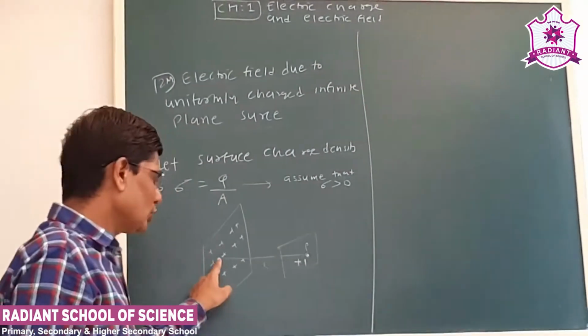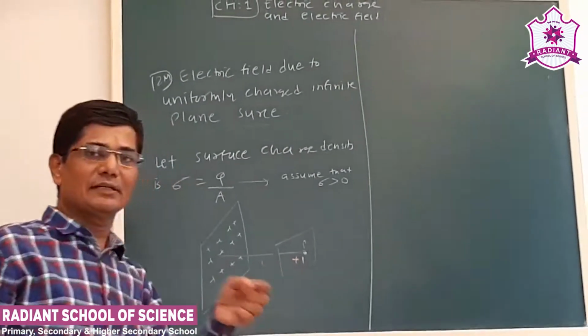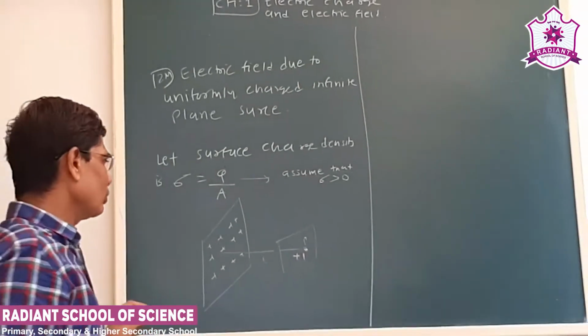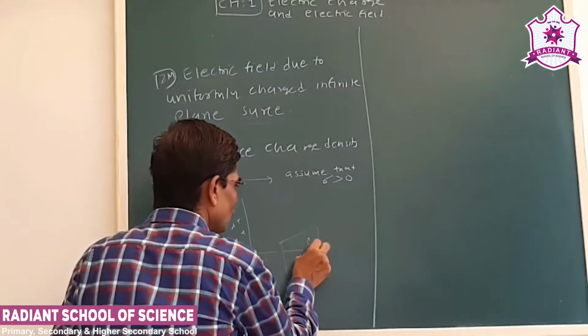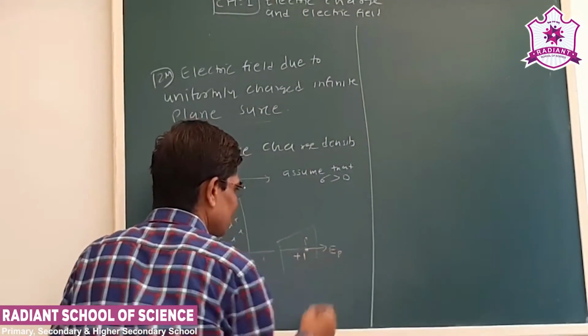Our test charge is always a positive charge. The force will be repulsive, so the electric field at point P will be like this.